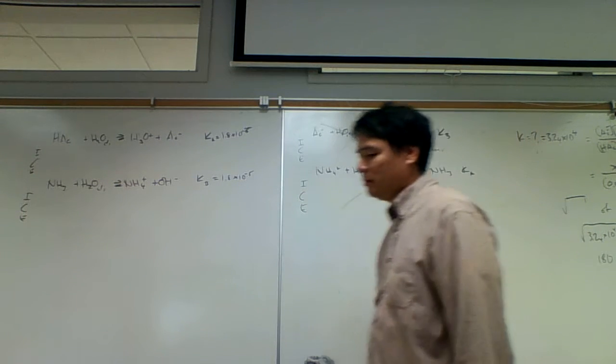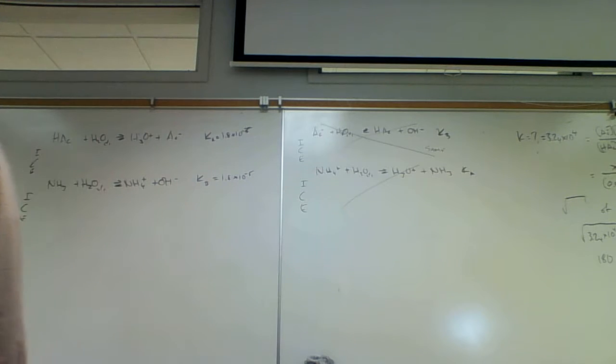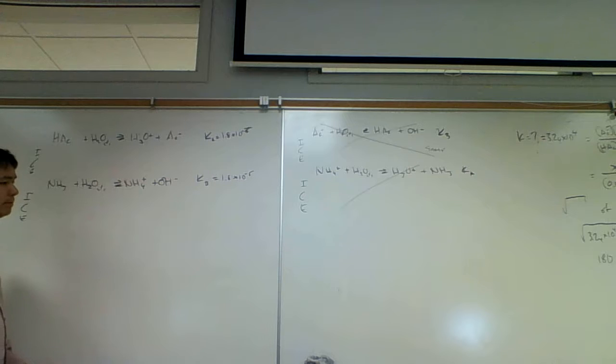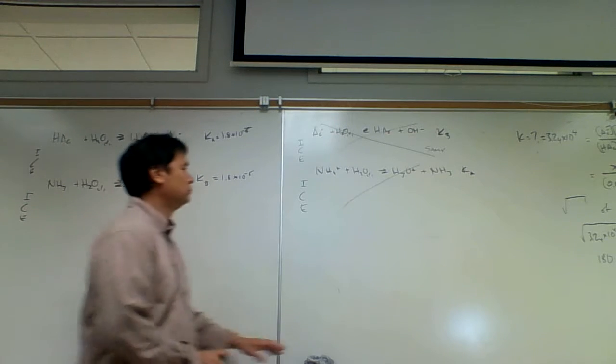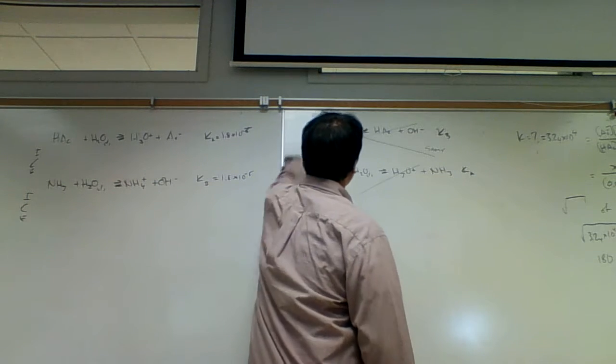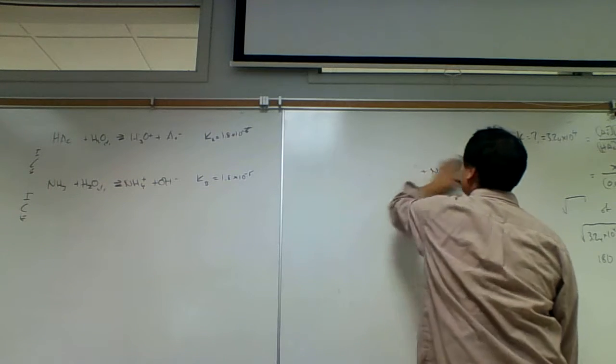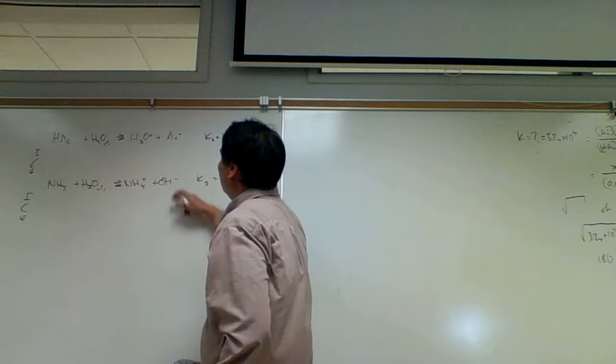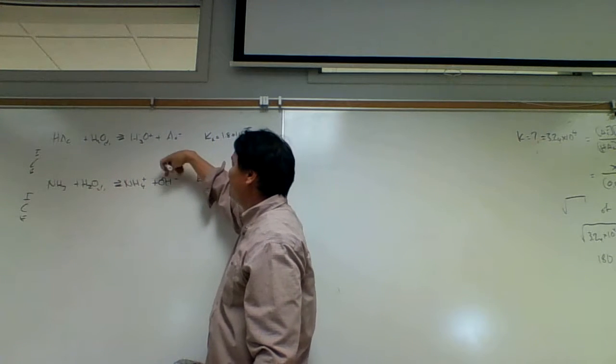And so how am I going to deal with this? Well, now I just have to deal with two equilibria here. And how I deal with that is this. The hydronium and the hydroxide are not independent of one another.